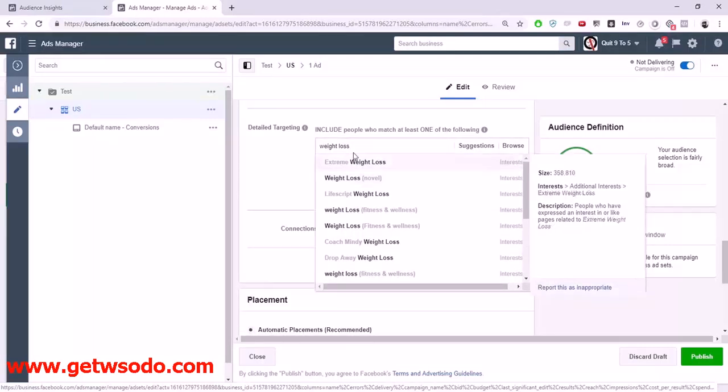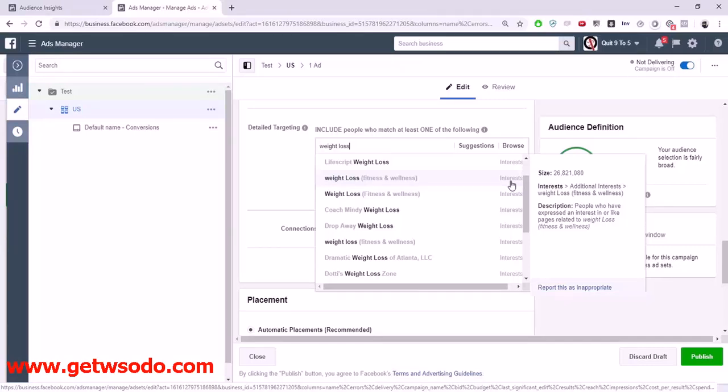If I just type in weight loss, it's going to give me a whole bunch of suggestions. But I want you to pay attention to, on the side here, it says interests. For Facebook to sort people into an interests category, these people had to have clicked on some sort of weight loss page on Facebook, or they had to actually go to a weight loss related website, because Facebook pulls data from a ton of different sources.